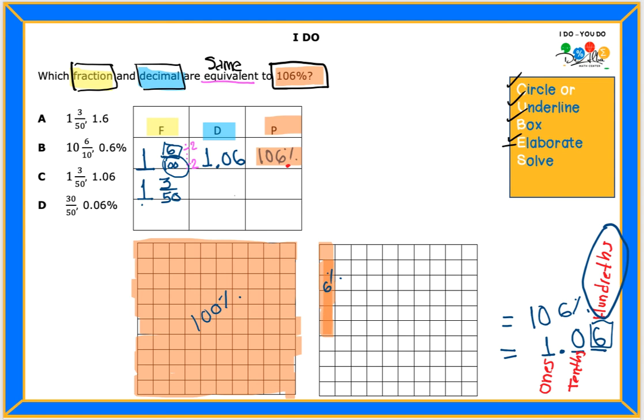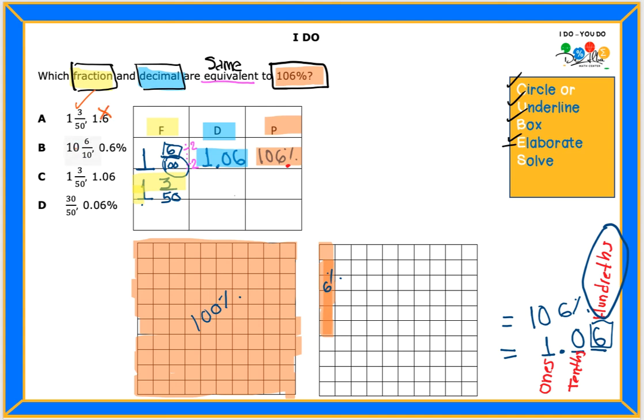So now let's see. Because here my question was the fraction, which should be this one here, and the decimal, which is going to be this one. So let's see which one has my answer. Choice A has 1 and 3 over 50. This one works. But my decimal is 1.06, not 1.6. So this one didn't work.